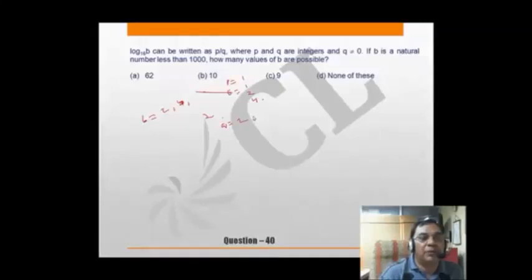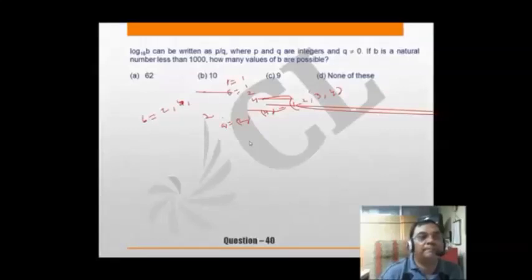Then under root is 4. 4 की biggest power, the biggest power, तो 4 की biggest power 1, 2, 3, 4 can come.